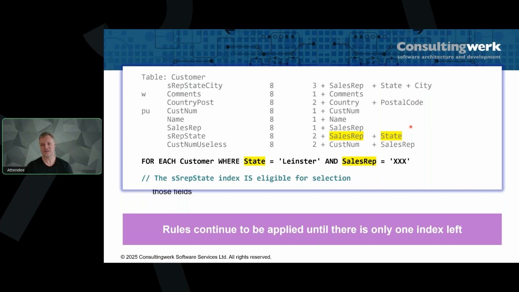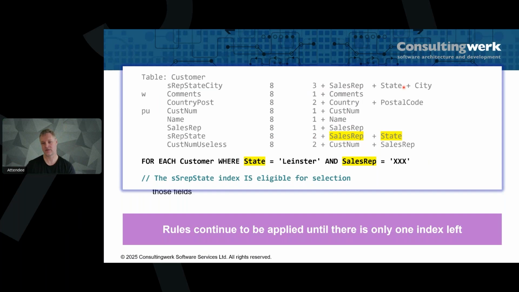The other thing to note here is that the order of the fields in the query is unimportant. In this for each, we have state is Leinster, sales rep is some value. So the field order in the query is state, then sales rep, but the order of the fields in the index is sales rep, then state. Because sales rep and state are both in the where clause, and sales rep is the leading field in the index, this index is a candidate for selection.